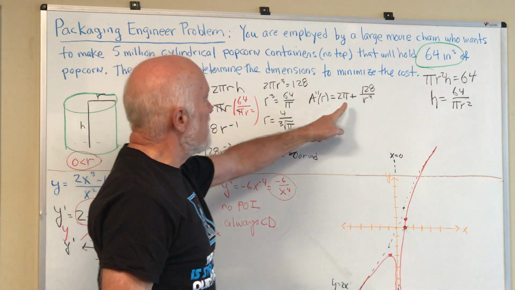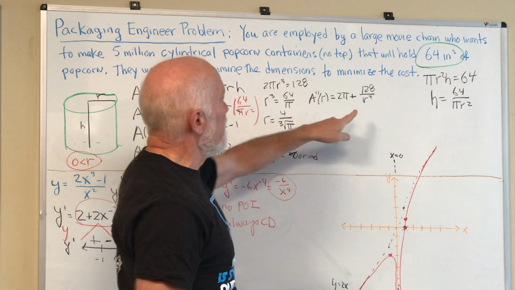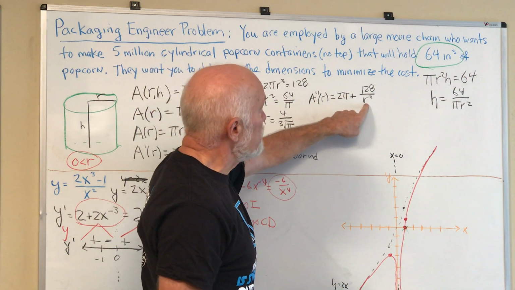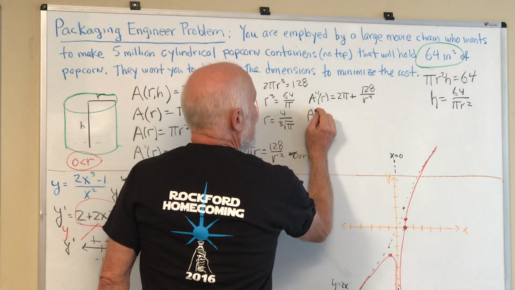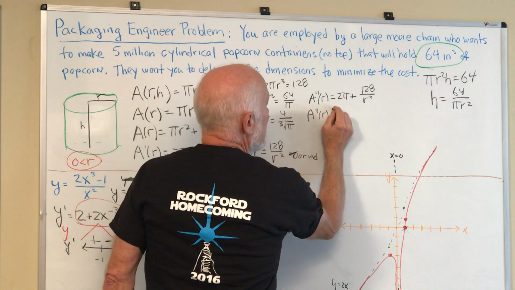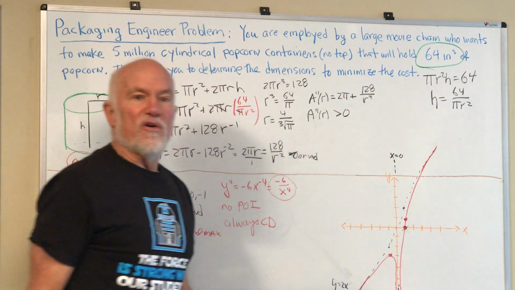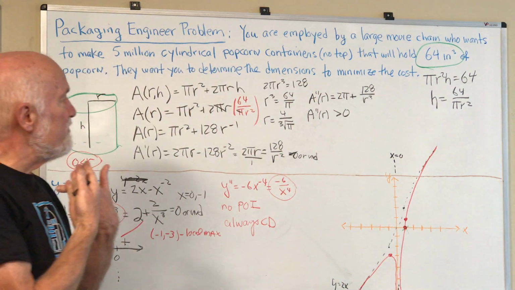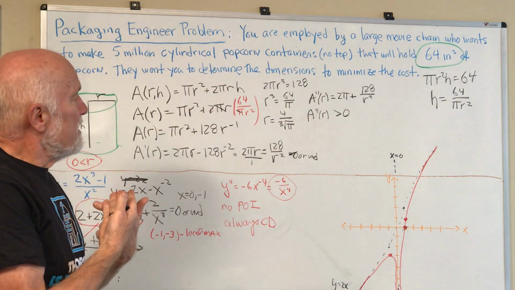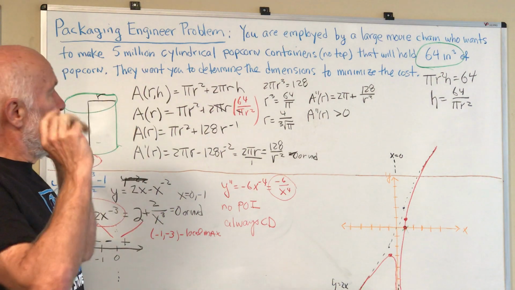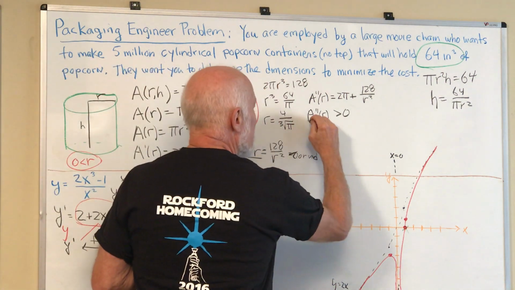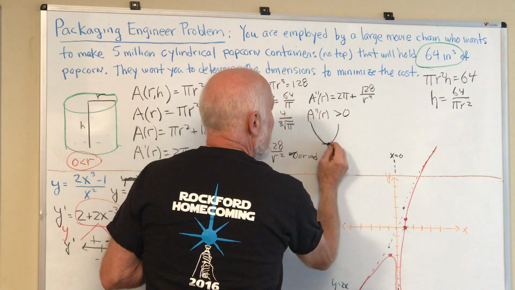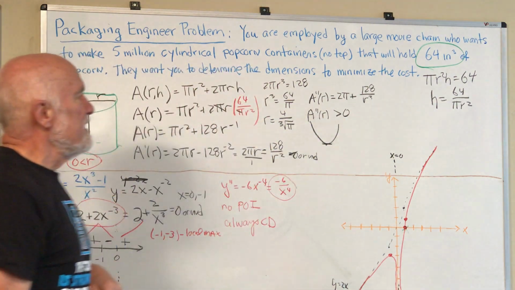Well, 2 pi is always positive, and for positive values of r, which we have, this is always positive, so we can see that the second derivative is always greater than 0. The function is always concave up, which means if you have a 0 derivative and the function's concave up, that point has to be a minimum.